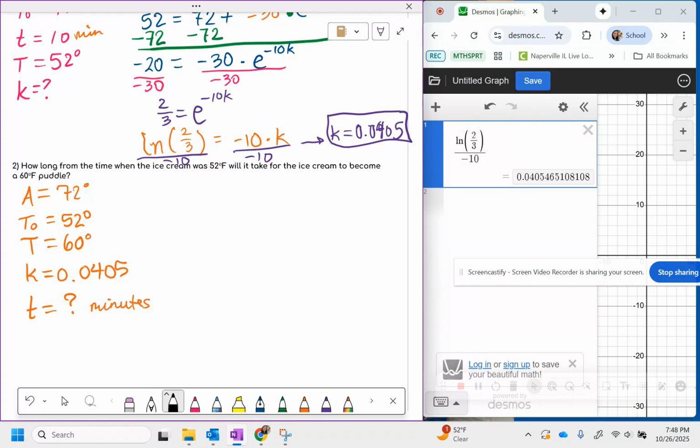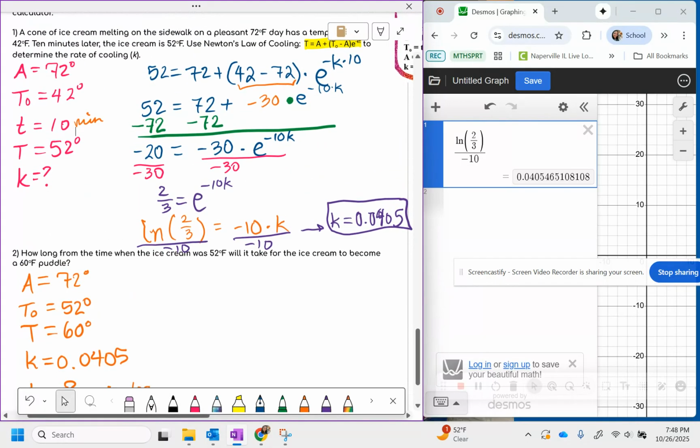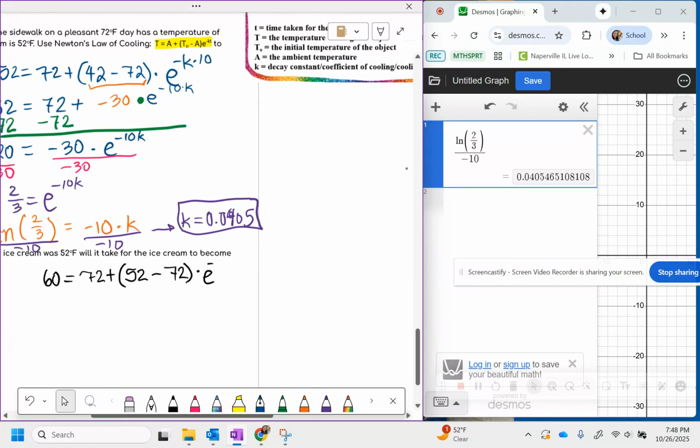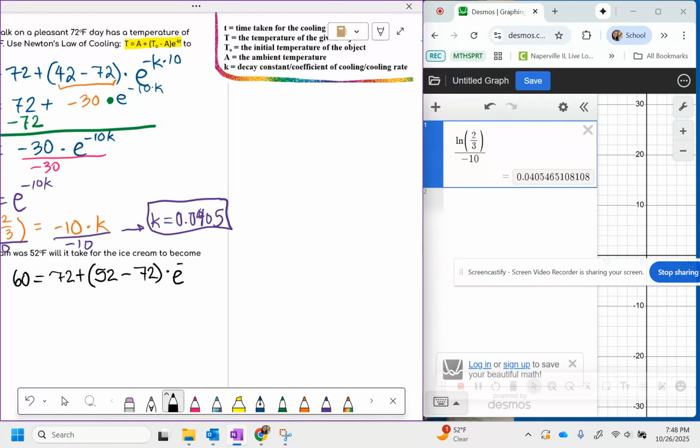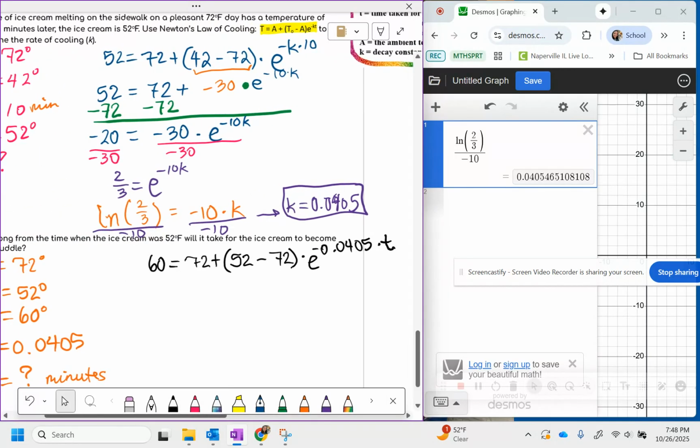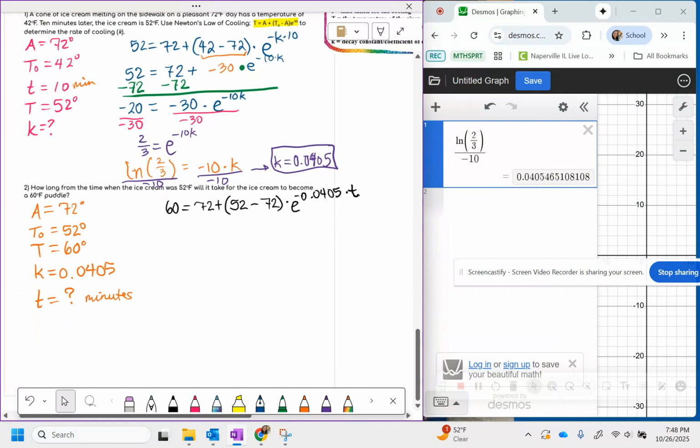It's going to be some number of minutes because the original t was in minutes up here. And so this k happens to tell me the cooling rate in terms of minutes. So I will go back to my original formula, and the capital T, that is 60 degrees. Ambient temperature is 72. Initial temperature now is 52 degrees minus the 72, and then times e to the negative 0.0405 times t, because now t is the thing that I don't know.